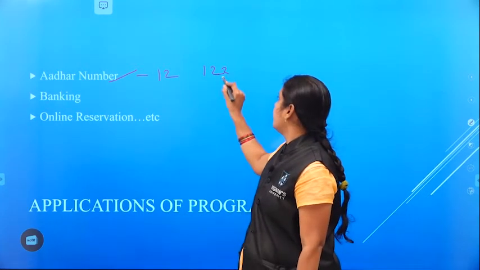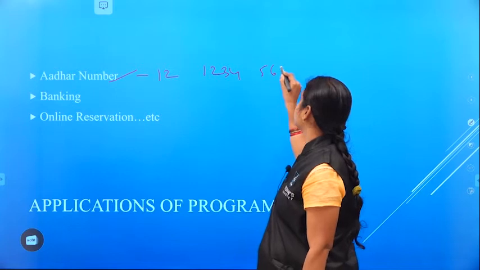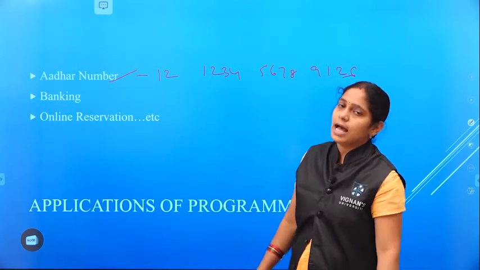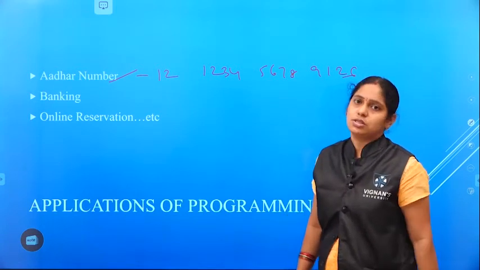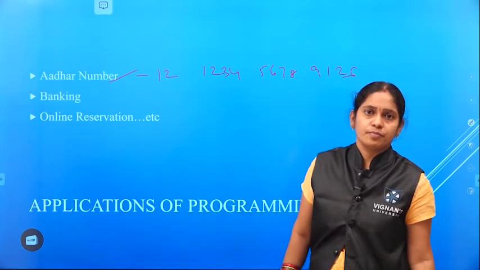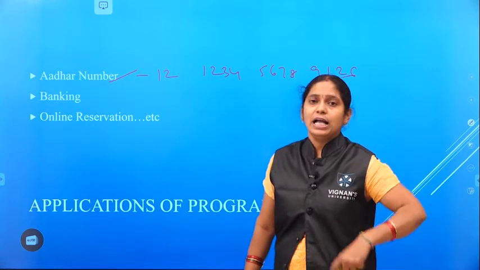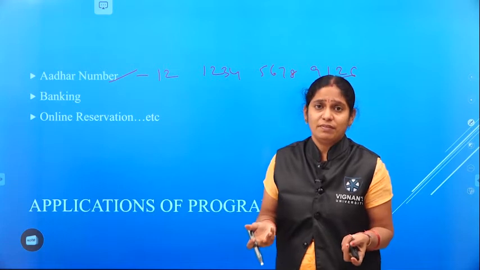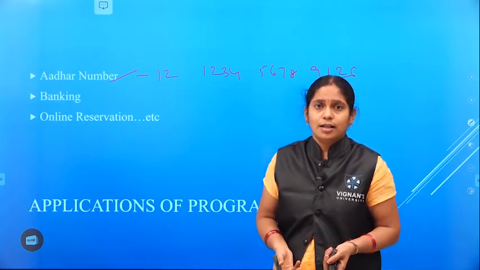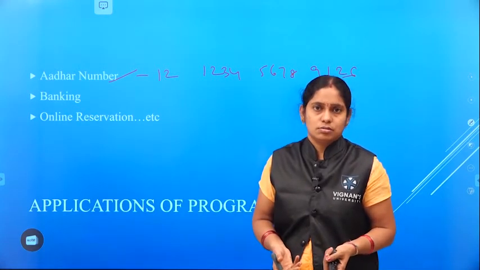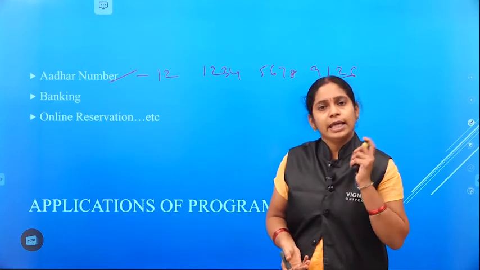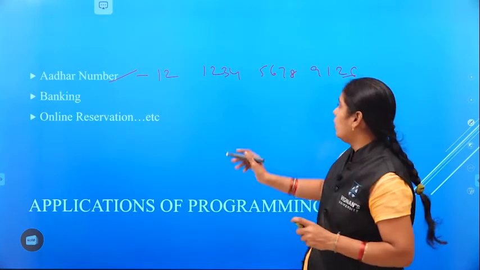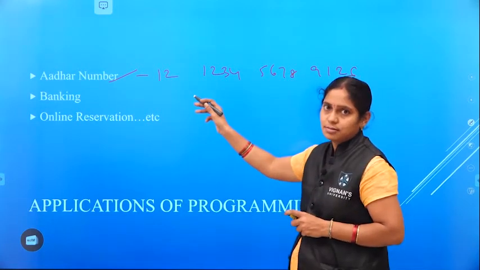1, 2, 3, 4, 5, 6, 7, 8, 9, 1, 2, 6. Assume this is the Aadhaar number. While we are storing it, how many people do we have in India? Some crores, right? So each one has a unique ID, a unique Aadhaar number. What data will match to this?